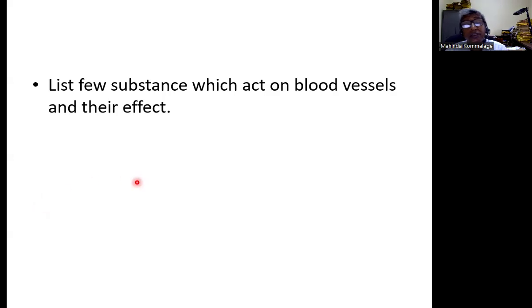So list all this, and that will be very helpful for you later. I mean, when it comes close to the exam, you will forget everything and make a jumble, right? So therefore, make a list and keep it somewhere. Vasodilatory substances, vasoconstrictor substances, local substances, and hormones, right? So that will be helpful for you. Try to do that later.